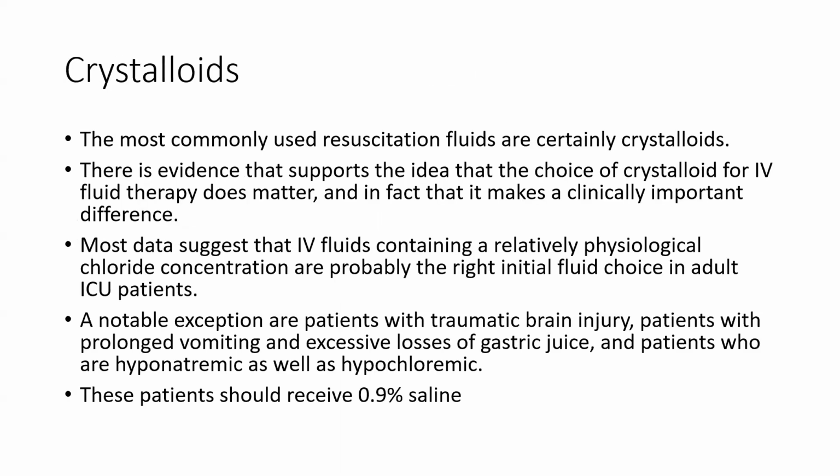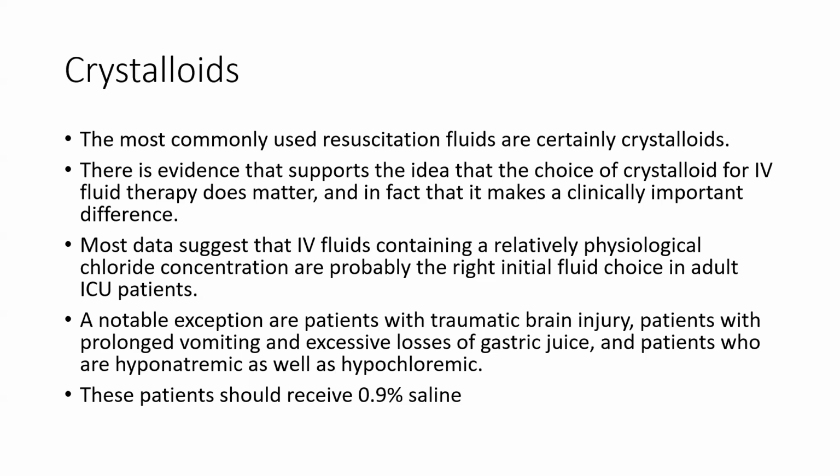So, regarding crystalloids, these are the most commonly used resuscitation fluid in the ICU, and there is evidence to support the idea that the choice of crystalloid for fluid therapy does not make a clinically important difference. Most data suggest that IV fluid containing a relatively physiological chloride concentration is probably the right initial choice in adult ICU patients.